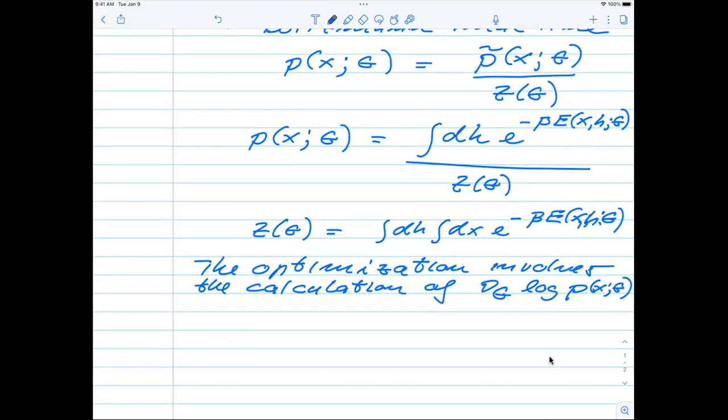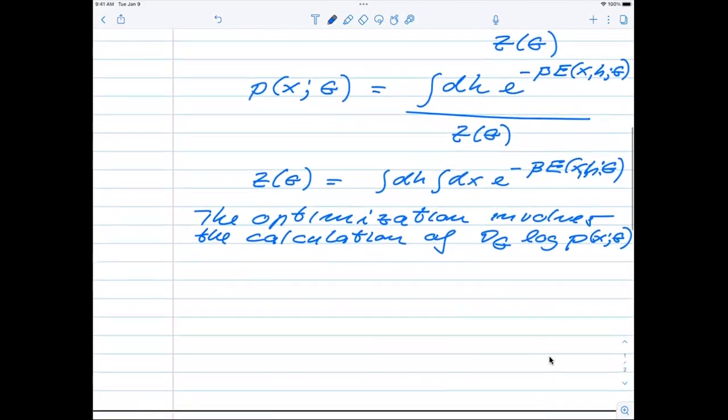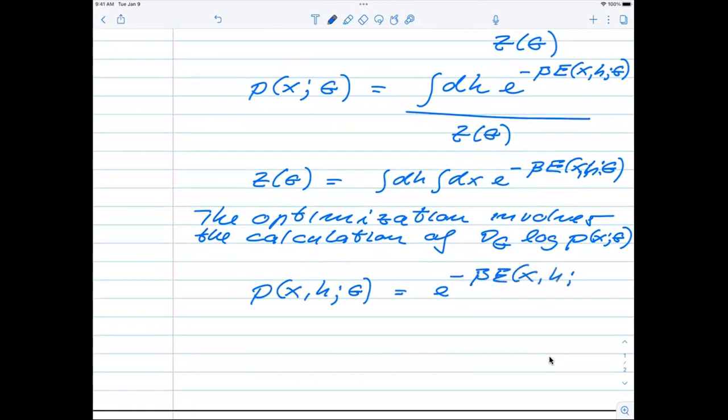Now, the full probability distribution is actually given by this p of x and h as a function of theta, and that's given by e to the minus beta E of x and h, a function of theta, divided by Z of theta. We are going to define this function in just a few moments. That is the full probability distribution.